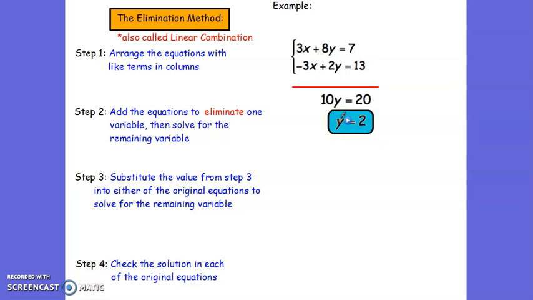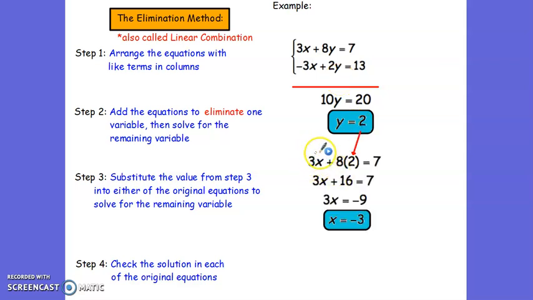Then, very similar to the substitution method that you may have known from before, once I know one of my two answers, I can plug that number back into an equation. Doesn't matter top equation or bottom one, either way will work. But I'm going to plug y equals 2 in for y and solve for x. So I believe I took the top equation here, 3x plus 8, right, from the top here.